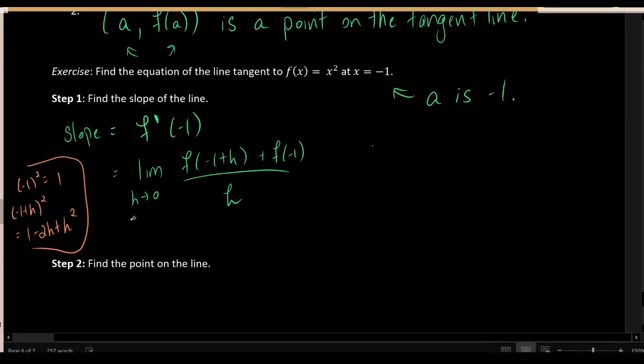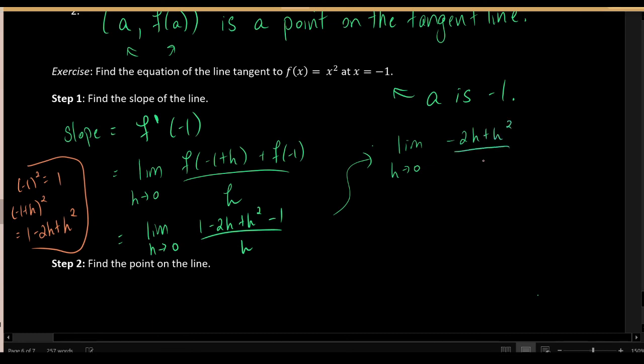So putting that information into this formula gives us 1 minus 2h plus h squared minus 1 all over h, which can be simplified first to negative 2h plus h squared over h, and then when you cancel common factors, negative 2 plus h.